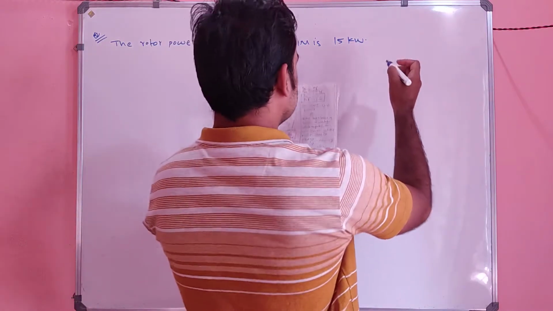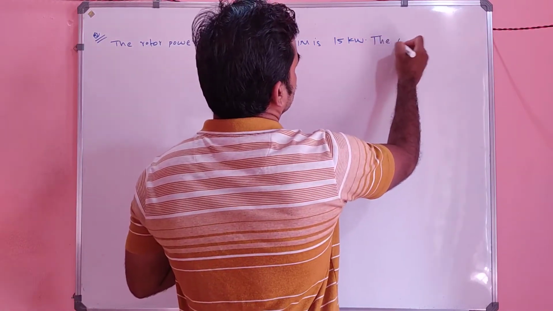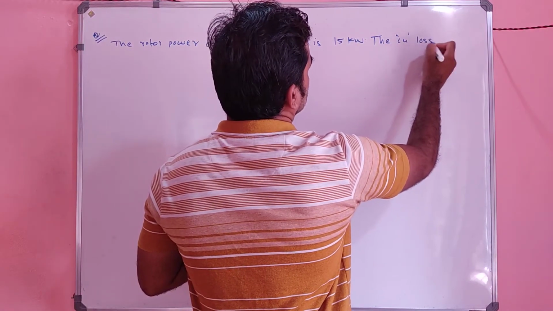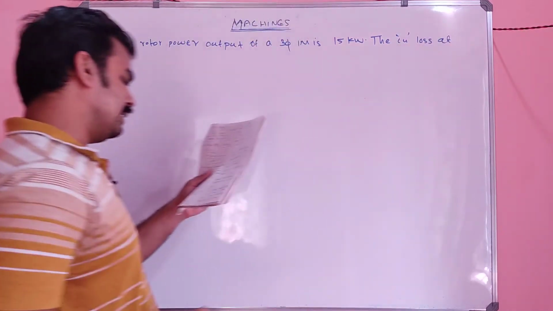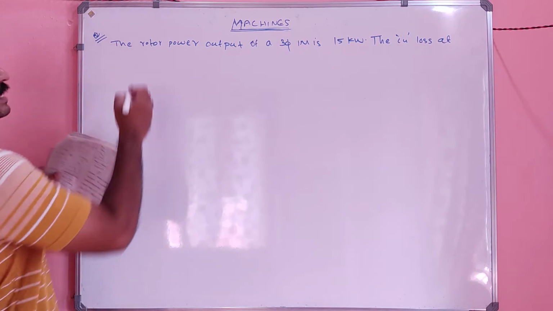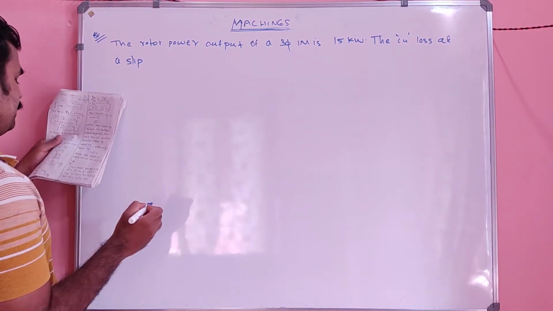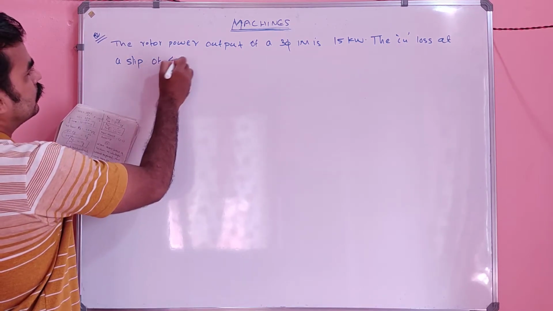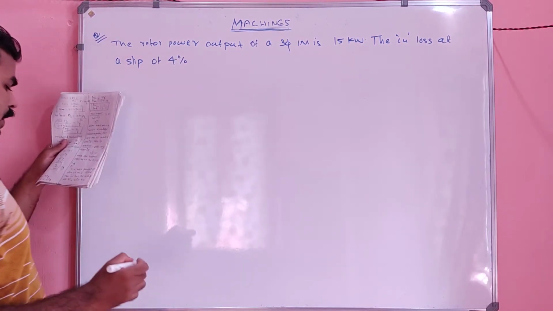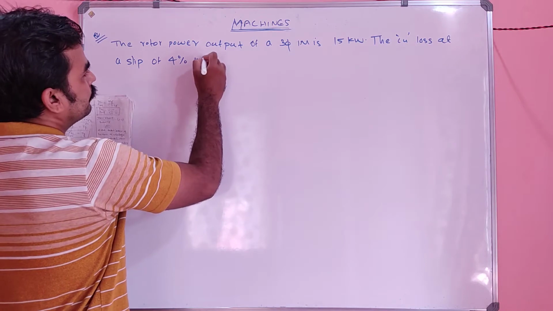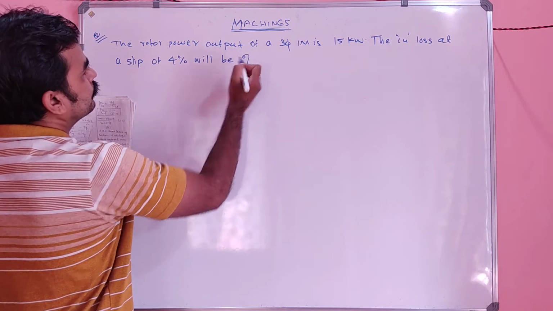The copper loss at a slip of 4% will be what?